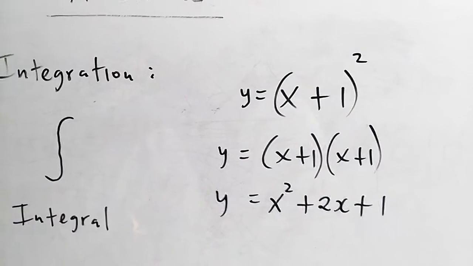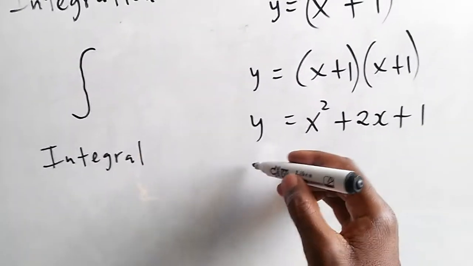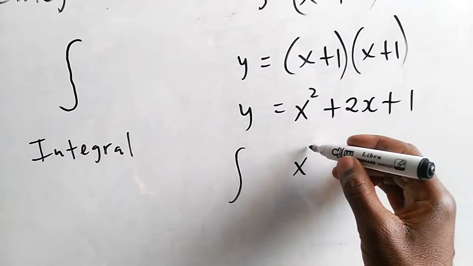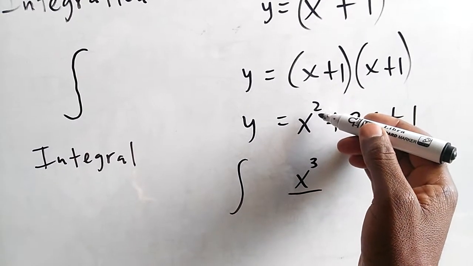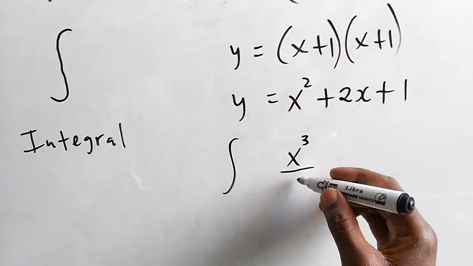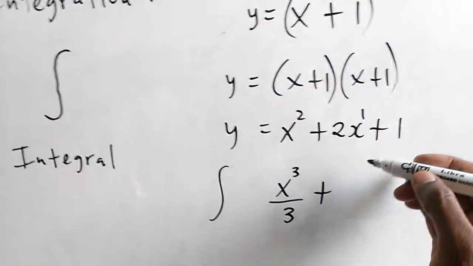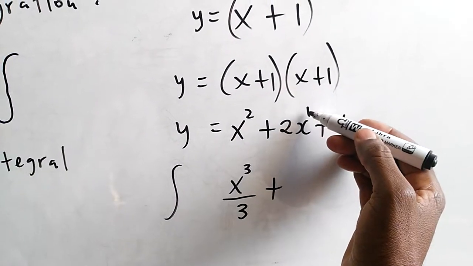Once you get there, that's when you integrate and say, let me integrate. You say the integral will be such that x to the power 2 plus 1 will be 3. Drop the same 3. 2x has a power there of 1, 1 plus 1, 2.